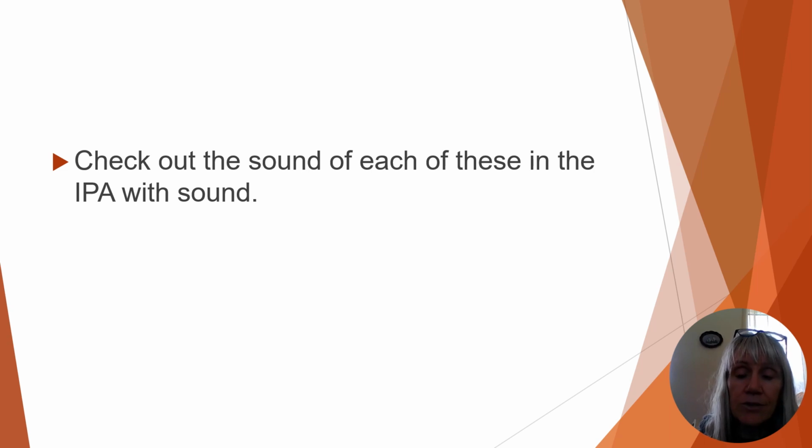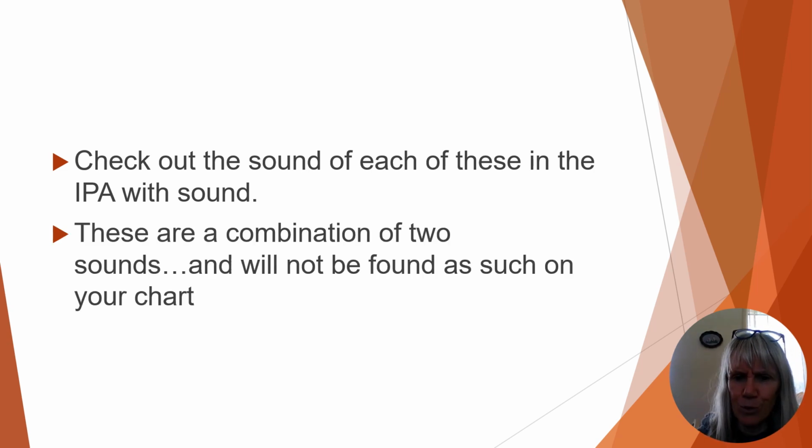Now, check out the sound of each of these diphthongs in the IPA sound chart, okay? You're not going to be able to find these two sounds together in their combination. You'll see that every diphthong is a combination of two symbols.